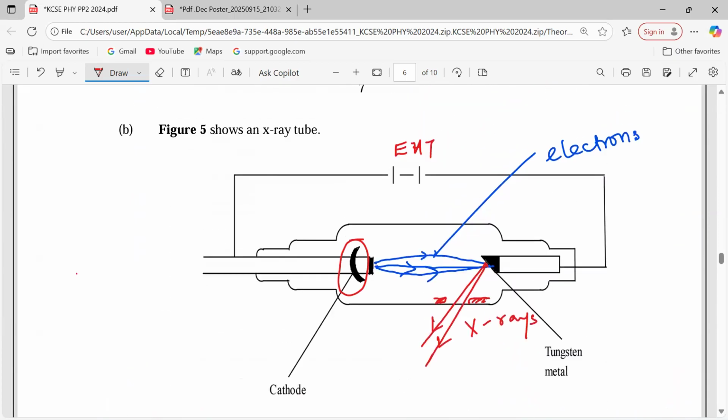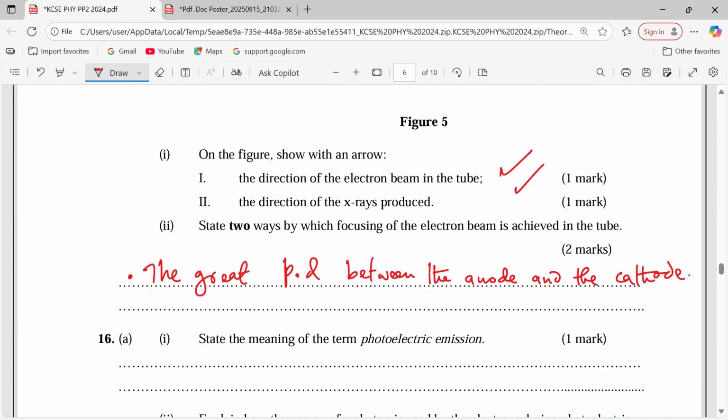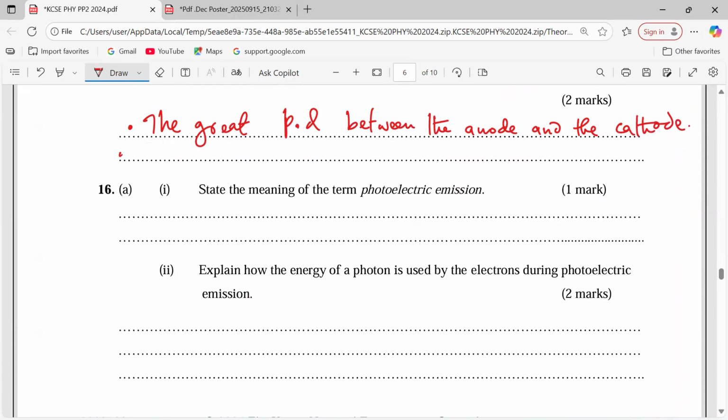It's concave in nature. So the concave cathode also participates in focusing the beam to the anode. Because alternatively, you can be asked a very interesting question.